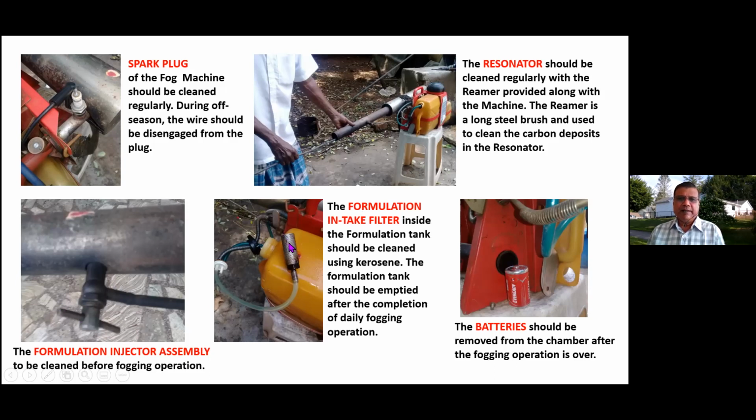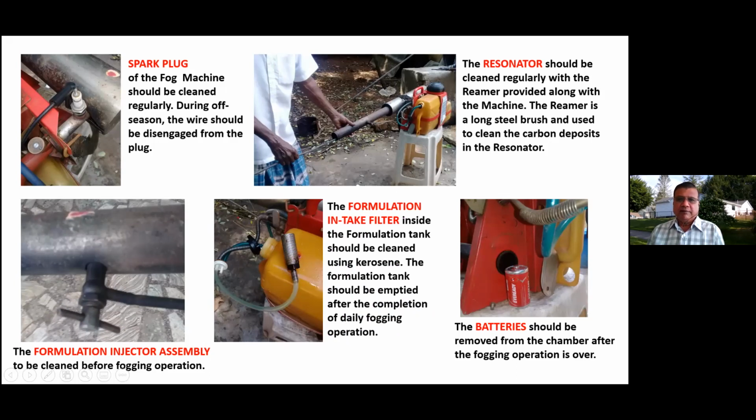This is the formulation intake filter, which is inside the formulation tank and should be cleaned using kerosene. The formulation tank should be emptied after completion of the daily fogging operation. You should not leave formulation inside this tank. It should be empty after the fogging. Then this filter should be cleaned regularly using kerosene.